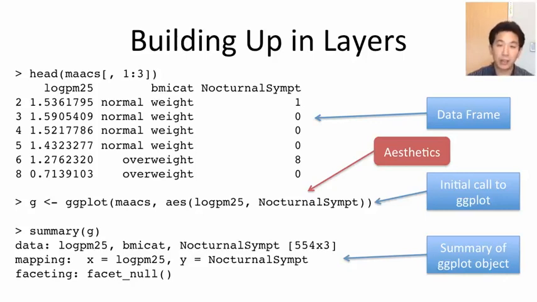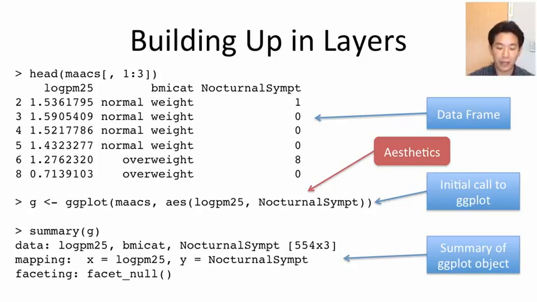The data are very important in any ggplot graphic because almost everything that you put on the plot can be thought of as some sort of data. In the next line, I've got my initial call to ggplot. I give it the data frame, and then I give it a pair of aesthetics, the x and the y variables, which are log PM2.5 and nocturnal symptoms.